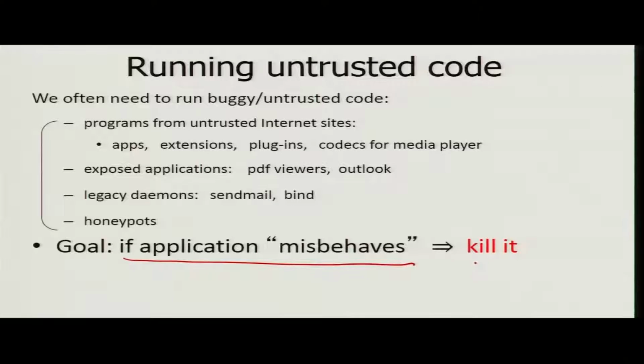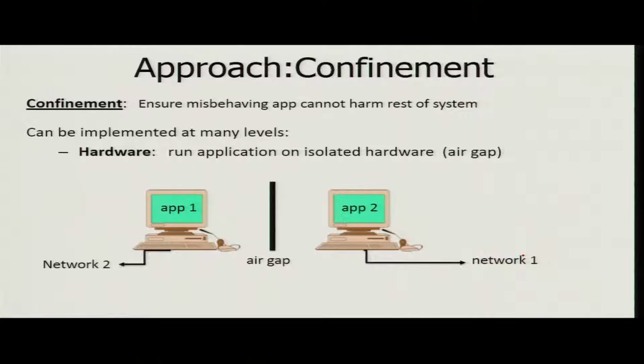So the goal here is that if the application misbehaves, I want to kill it, but I also want to contain the damage it might have done before I manage to kill it. One way to do that, of course an expensive one, is to have a separate computer or separate hardware to run each application.